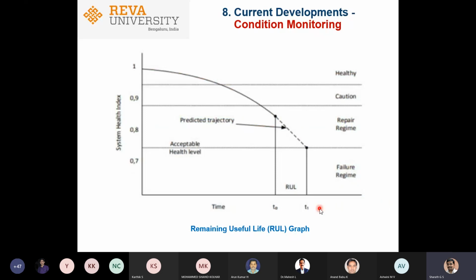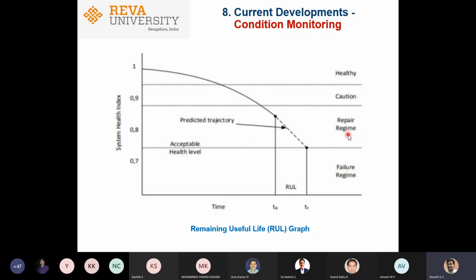Here in this graph, the remaining useful life graph, on the y-axis we have the system health index, and on the x-axis we have time. If you see this line over here, over a period of time it is falling down. Initially, it was in the healthy regime, and then it moves to the caution regime as time elapses.